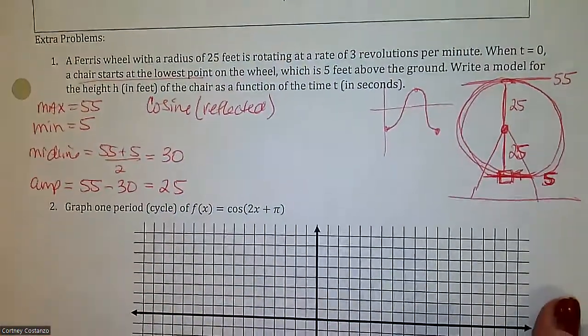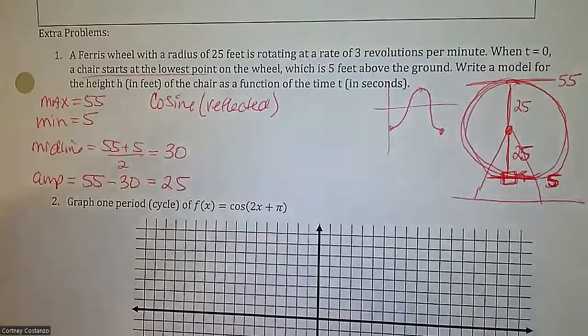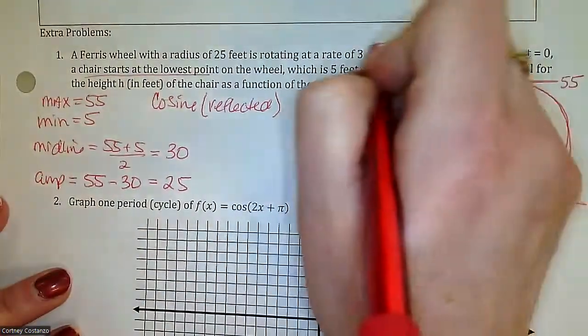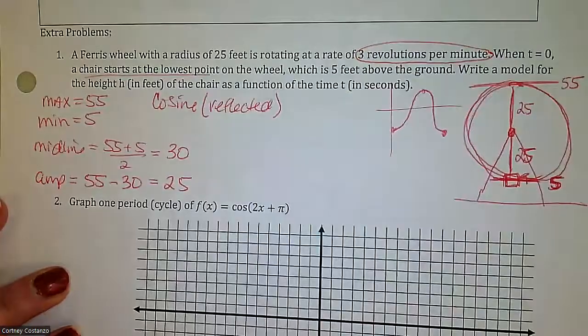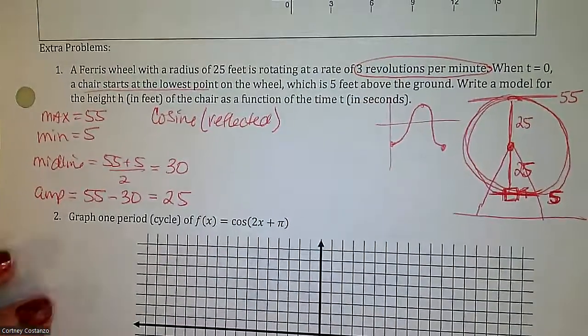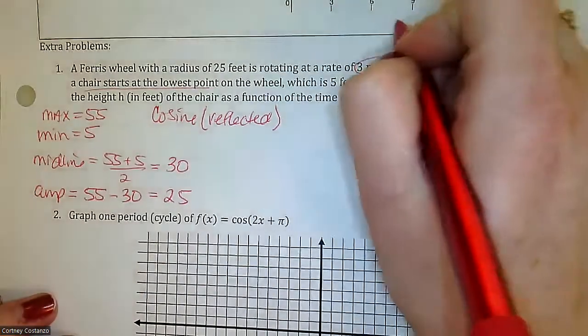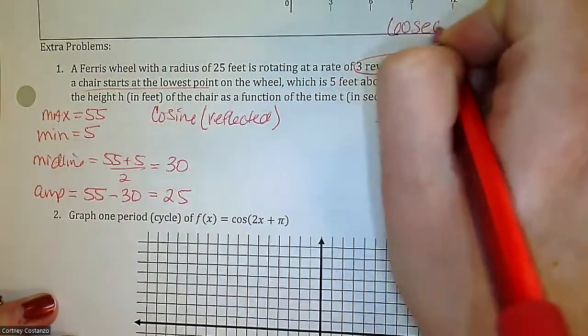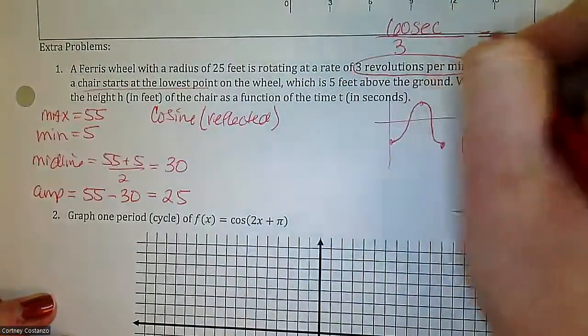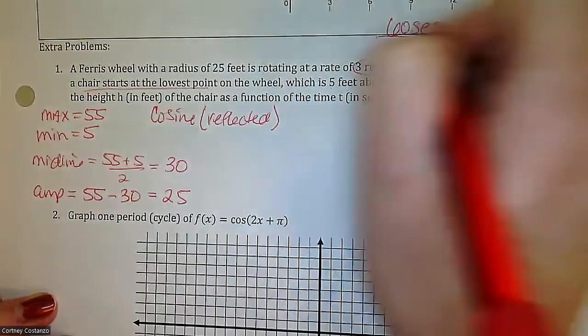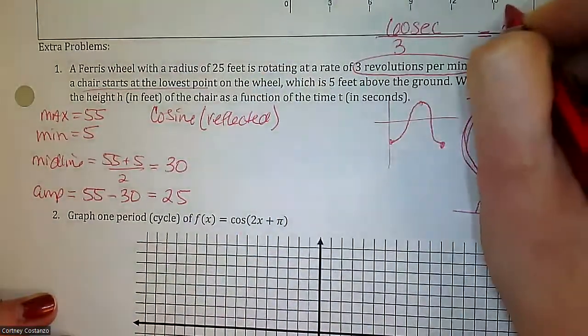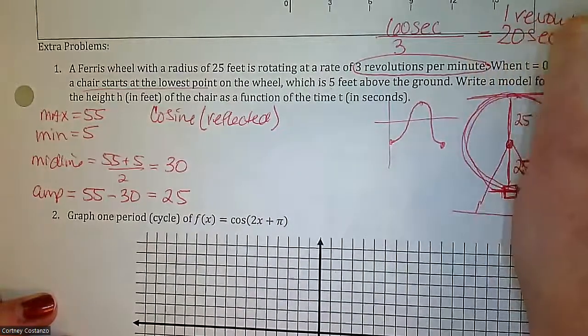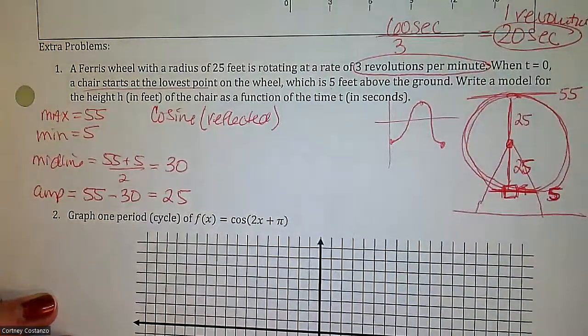The only other piece of the puzzle that we need to figure out is our frequency. And they're giving us the information right here. 3 revolutions per minute. I need to know how long it takes for 1 revolution. So if 1 minute is 60 seconds and I cut that into 3s, then that means I have 20 seconds for one revolution. 20 seconds is my period.